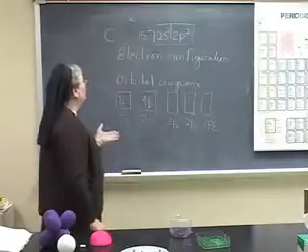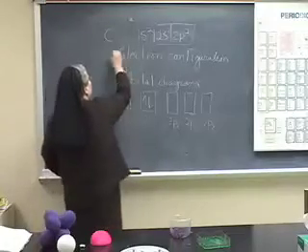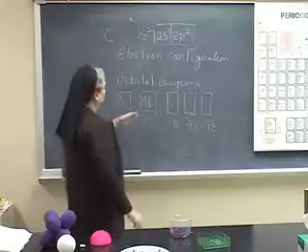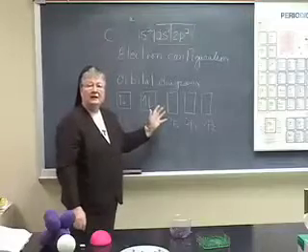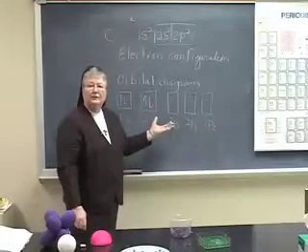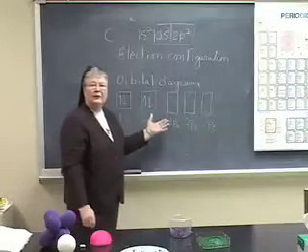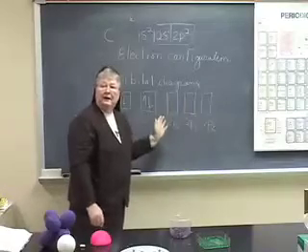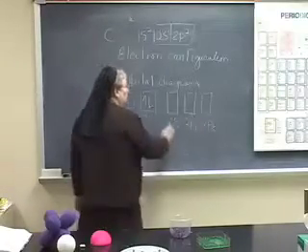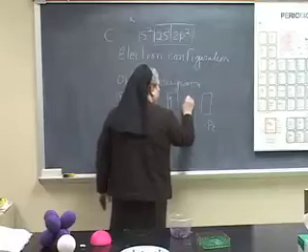Okay, I got 4, and remember I have 6 to do for carbon. So I have to put 2 more. Now my question is, where will I put those 2? Well, the rule says that they'll spread out first and then pair up. So I'll have to put 1 here and 1 here.